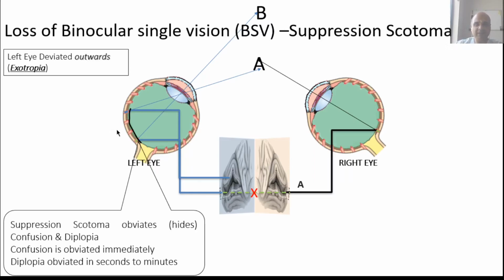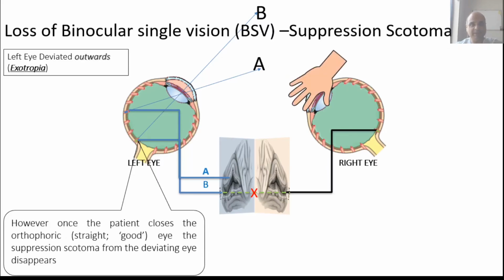It takes a little bit of time because the suppression scotoma has to extend towards the direction of the retinal element that is sending that particular image. So it takes a little bit of time for the visual cortex to figure out where that is. The exact science behind the processing and latency is still being explored, but you can say the processing by the central visual cortex takes a little bit of time, so diplopia is covered a few moments later, after confusion is taken care of.